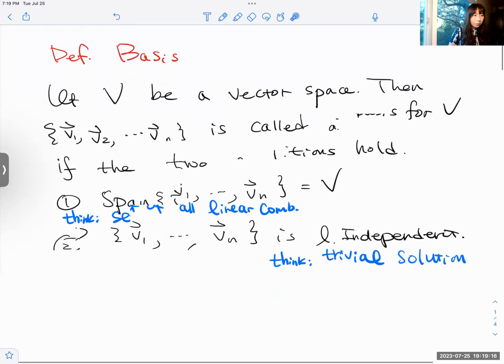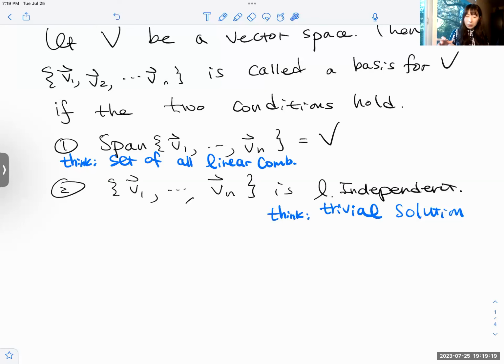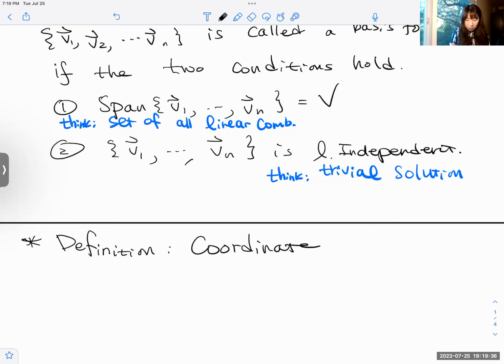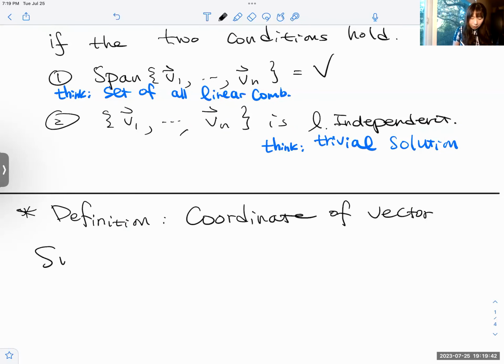All right, now coordinate vectors. Definition for coordinate of a vector. Suppose the set B, fancy B, is a basis.